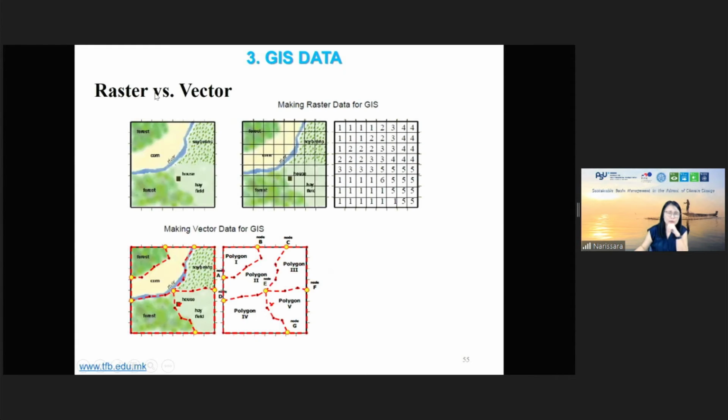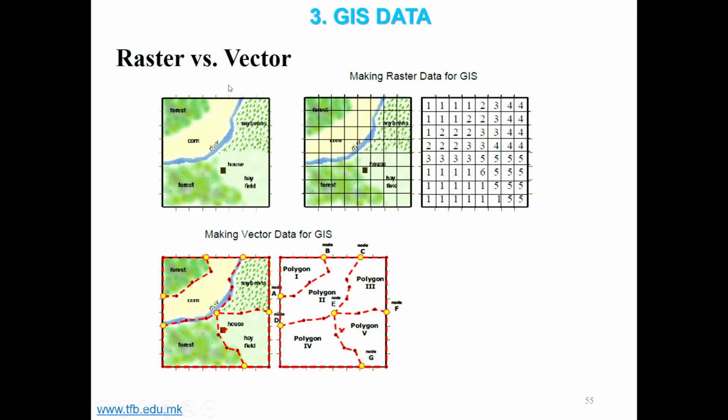Normally there are two types of GIS data. First is raster, the second is vector. What is raster? Raster means the image. It is linked with remote sensing, because you get the image from the satellite, and then you import this image to work with the GIS data.